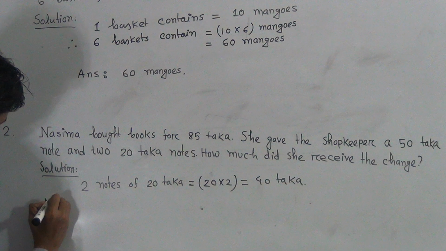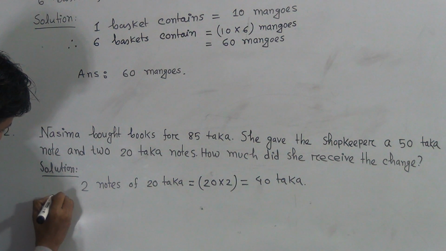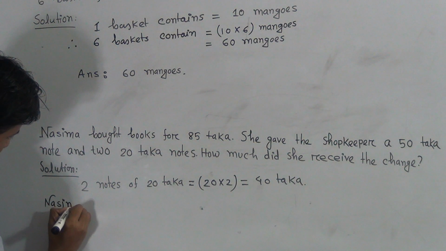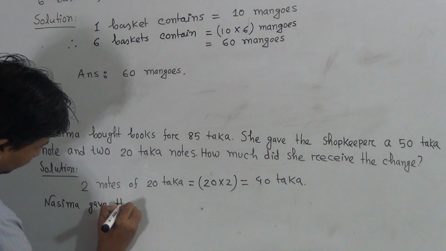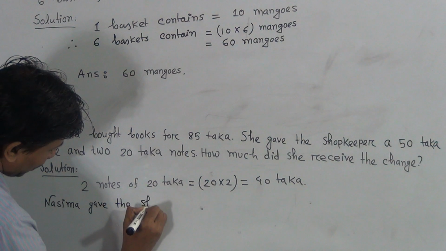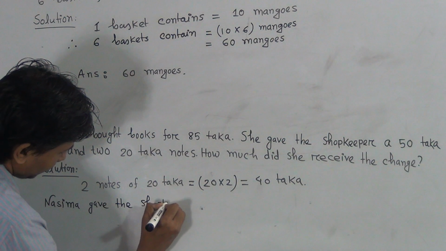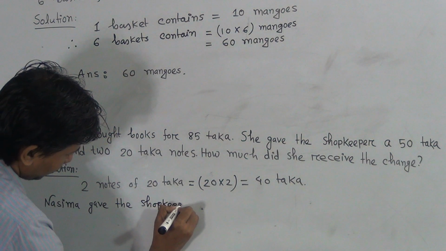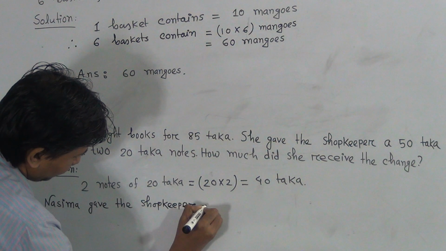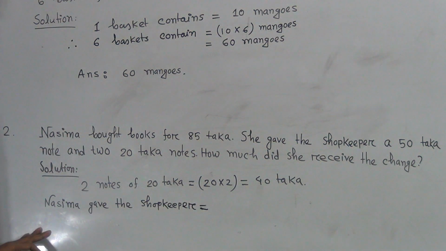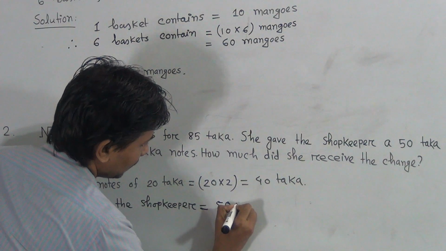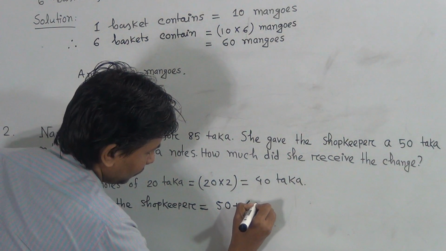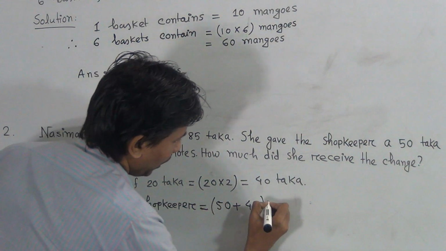Nasima gave the shopkeeper in total 50 taka plus this 40 taka is equal to what?